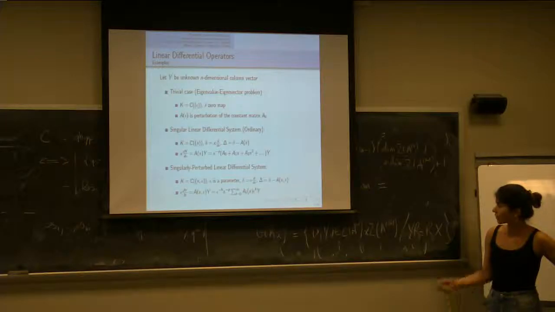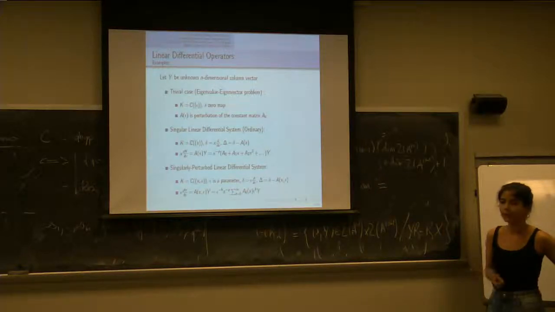The first system I am interested in is the singularly perturbed linear differential system, and here K is, I'll take it to be the field of formal meromorphic power series in x and epsilon, where epsilon is a parameter, and I'll take the derivation of this form. And so we can rewrite the system in the form below. So this will be work over a bivariate field.